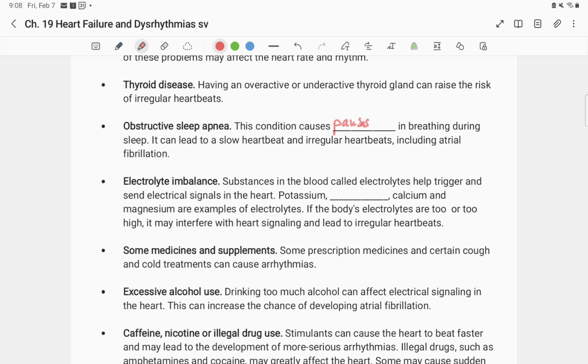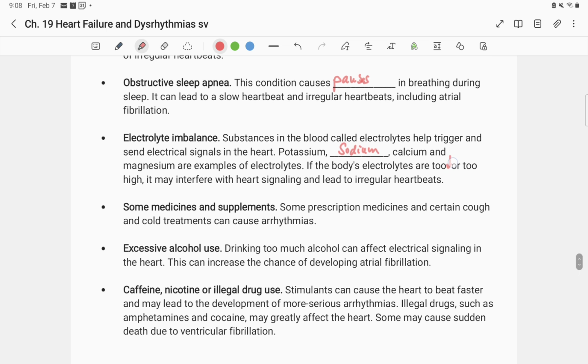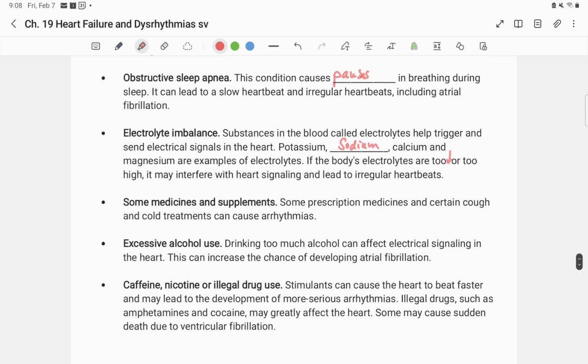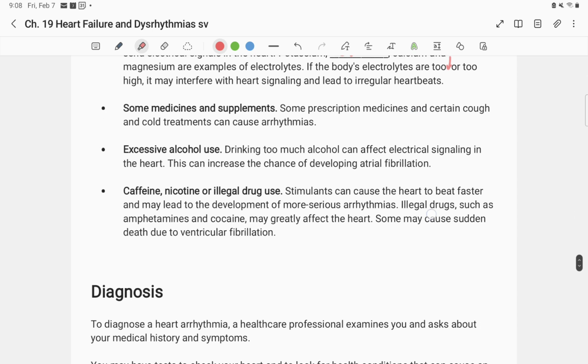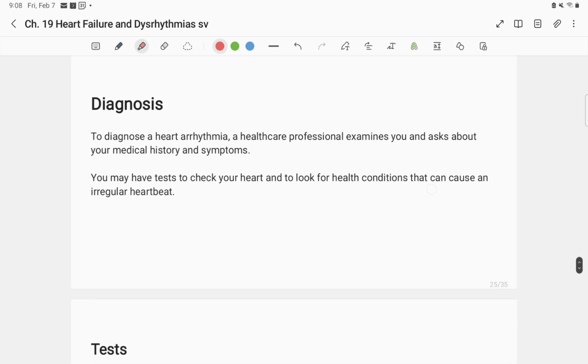Electrolyte imbalances, so sodium, potassium, calcium, magnesium. They can be too low or too high, so you can have too many of the electrolytes or not enough of them. Okay, some medications and supplements can cause arrhythmias, excessive alcohol use, caffeine, nicotine, or illegal drugs.